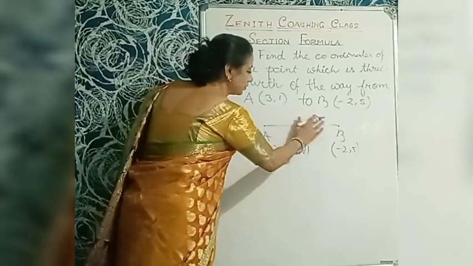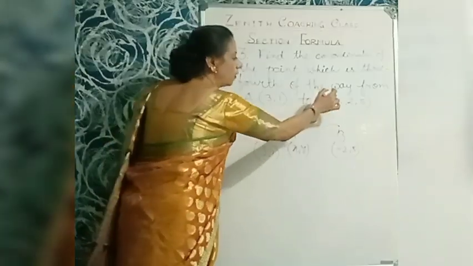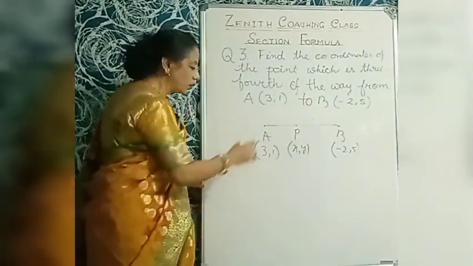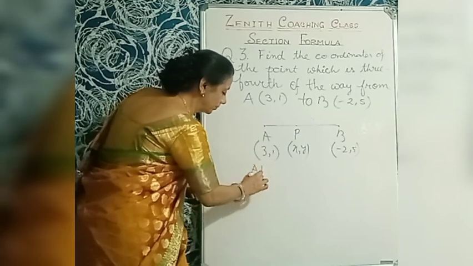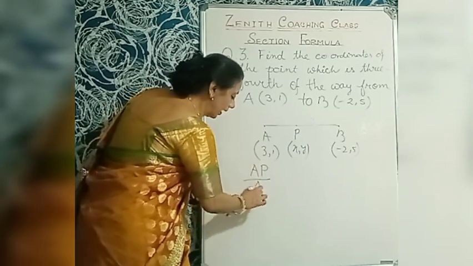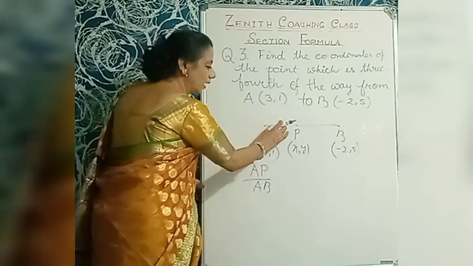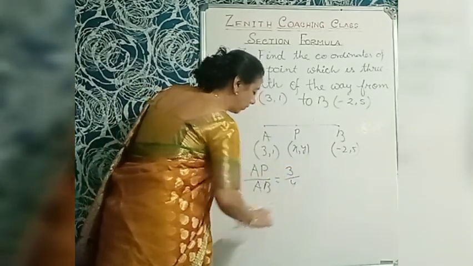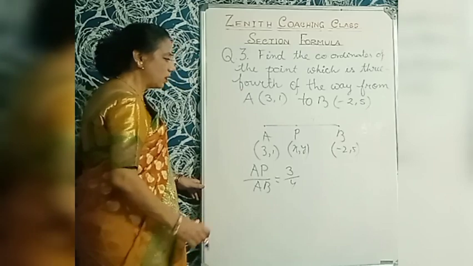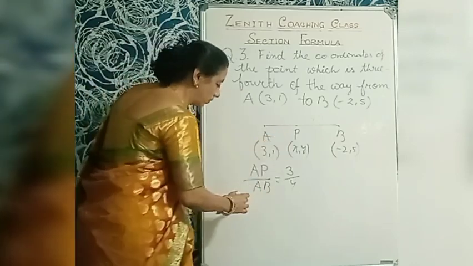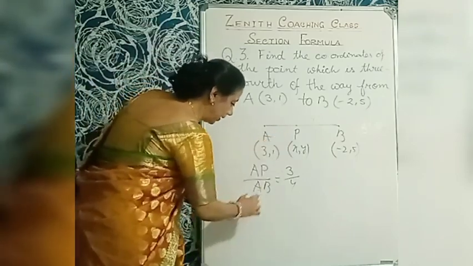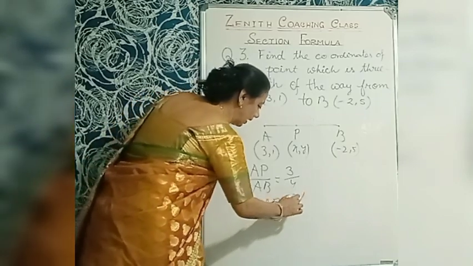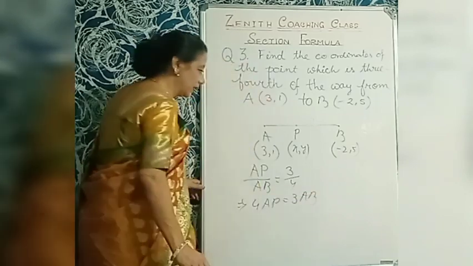Because it is 3/4 of the way from A to B, that is AP by AB. So AP by AB equals 3/4. That is 4AP equals 3AB.